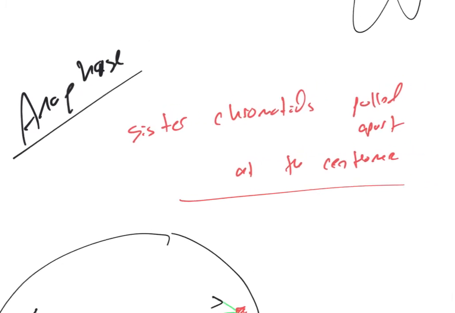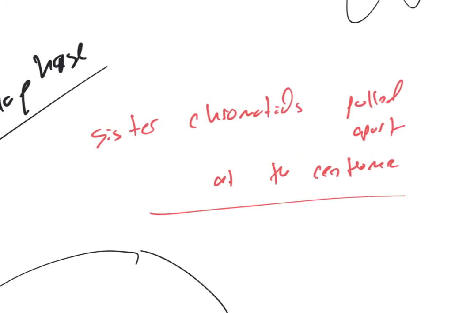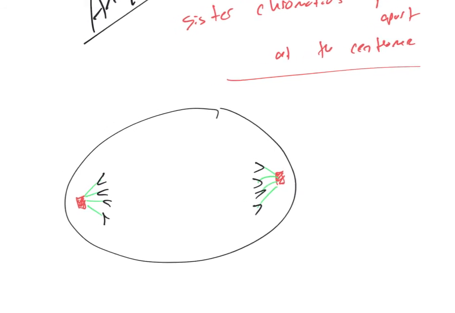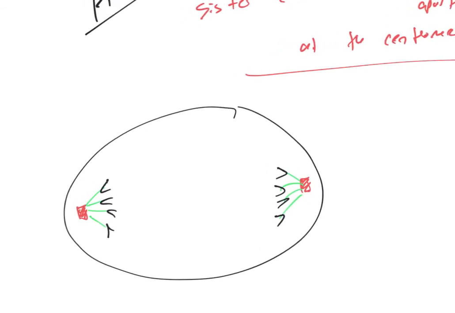Your sister chromatids are pulled apart at the centromere. Your cell looks a little more ellipsoidal. You still see spindle fibers, you still see your centrioles, and your chromosomes look like V's, not X's.